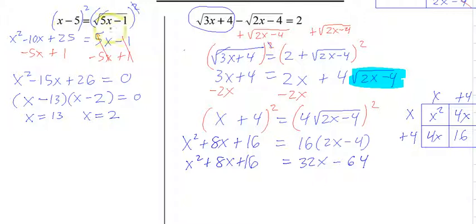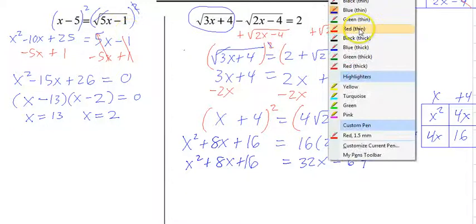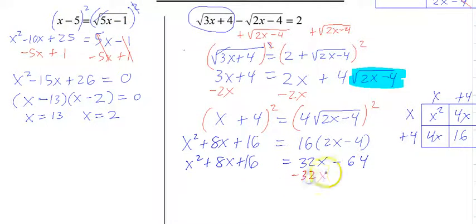So we do the same thing we did over here, which means to put everything on one side so that we can factor or use the quadratic formula. So that gives us x squared minus 24x plus 80 equals 0.